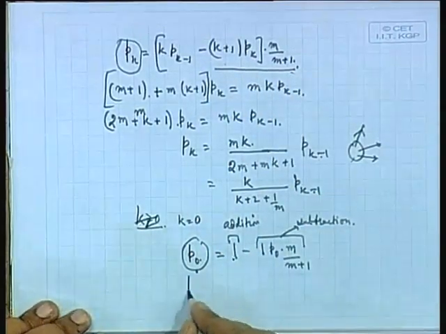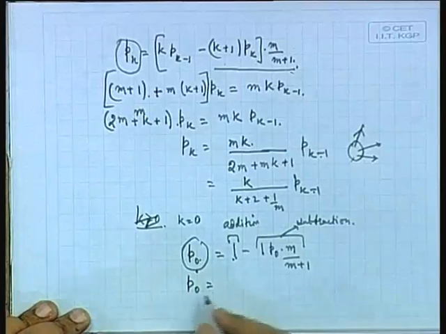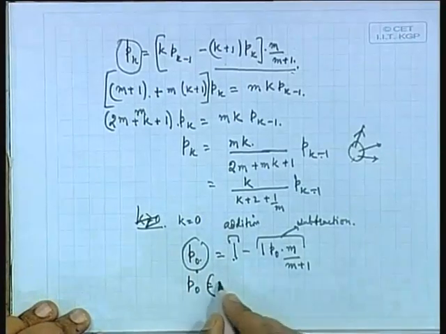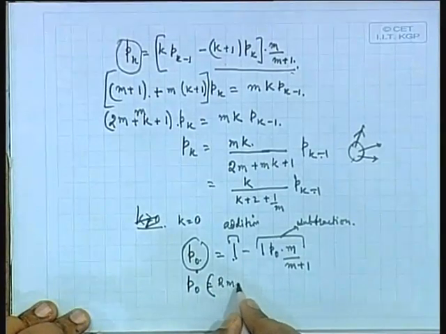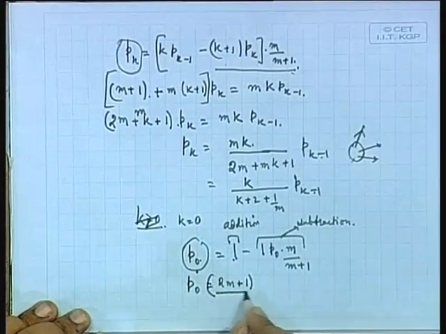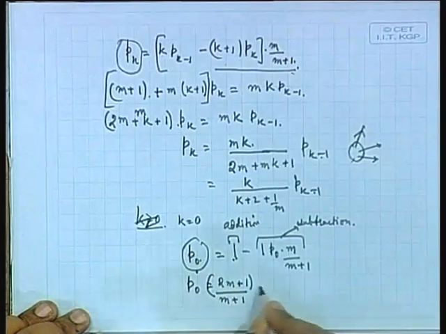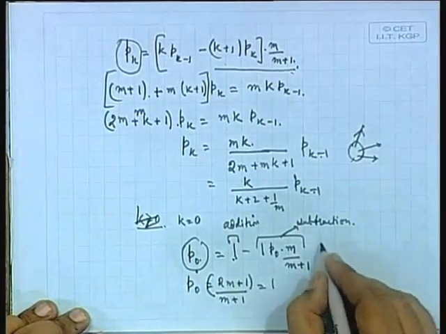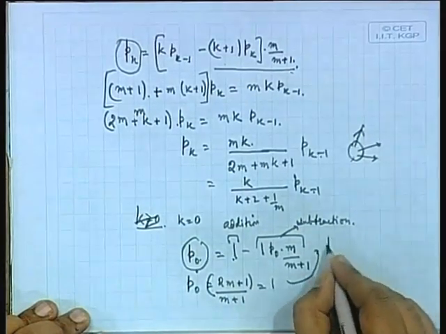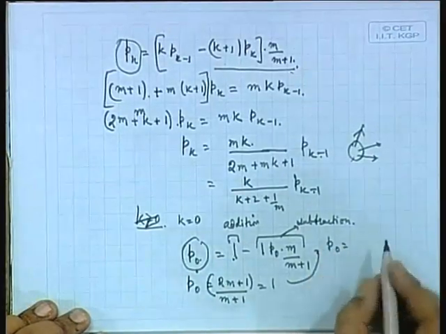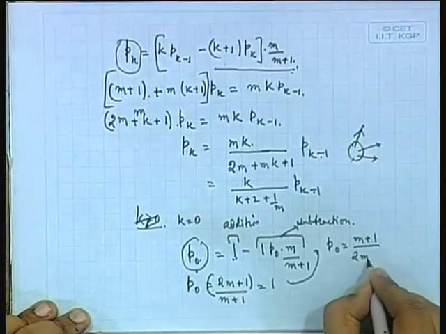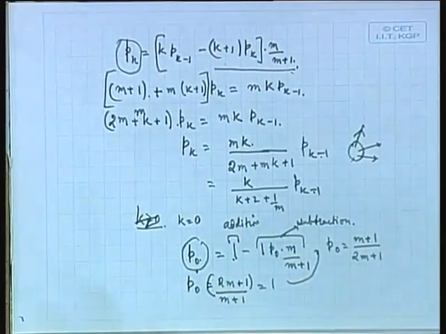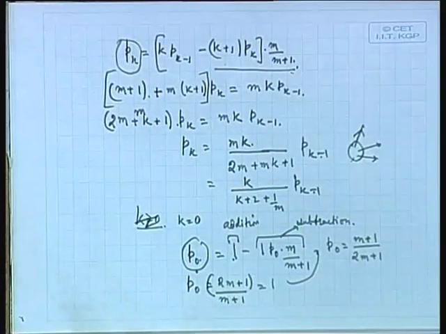So this p_0 becomes then, tell me? I can just take this: (2m plus 1) by (m plus 1) is equal to 1. Therefore, p_0 is equal to (m plus 1) by (2m plus 1). Am I with you?